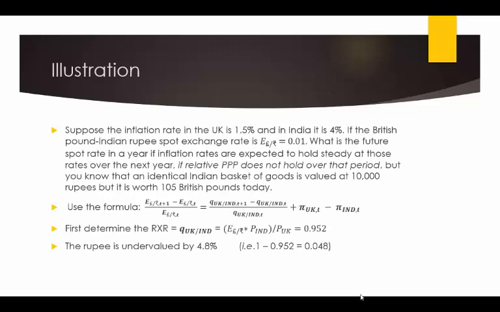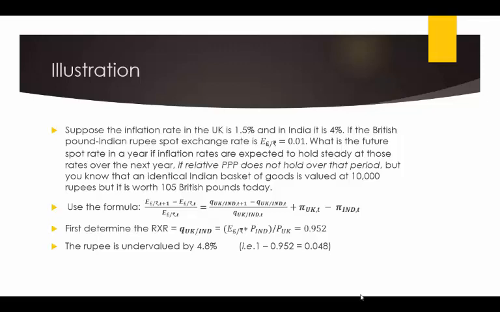Let's illustrate this with a slight modification of our previous illustration. Inflation rates in the UK and India are 1.5% and 4% respectively. The current pound-rupee exchange rate is 0.01.